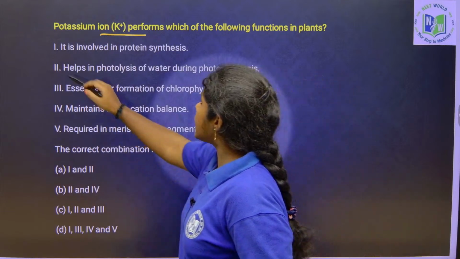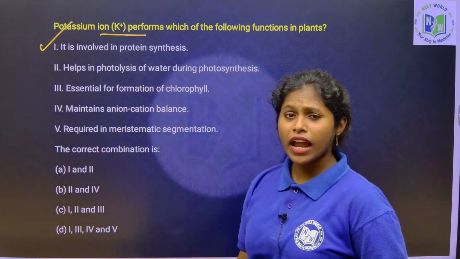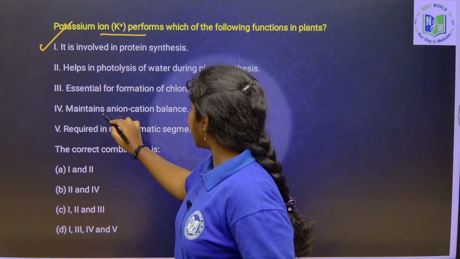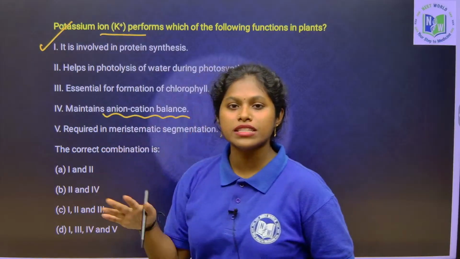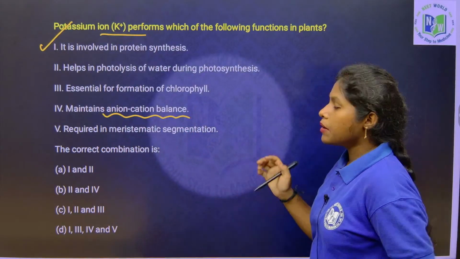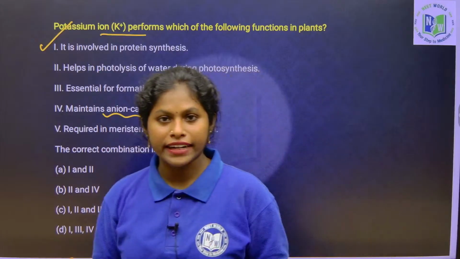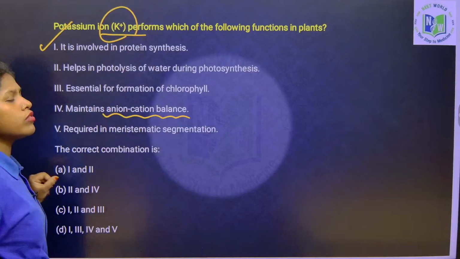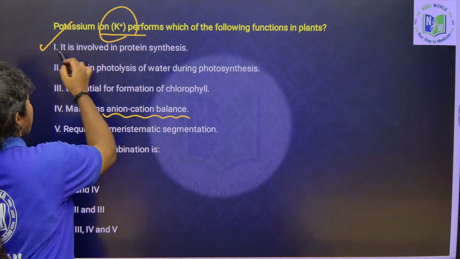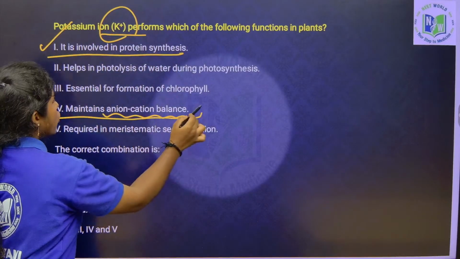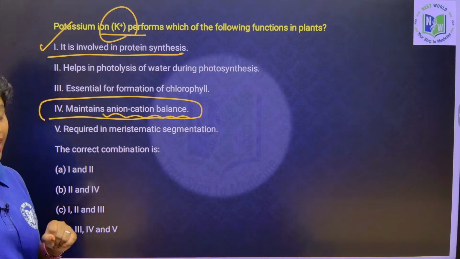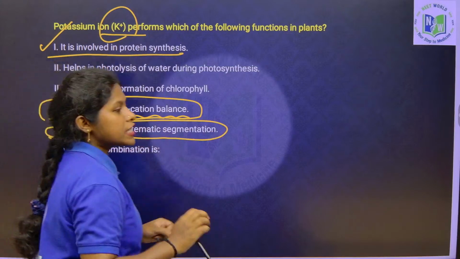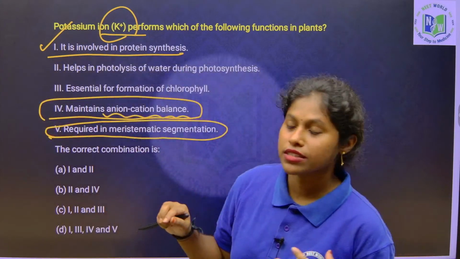So it is involved in protein synthesis, students, and also in anion-cation balance, which mainly occurs in the opening and closing of stomata. So the main key role is played by potassium and also chlorine. So it is involved in protein synthesis and maintaining anion-cation balance, and it is also required for meristematic activity. Potassium is also very important there.